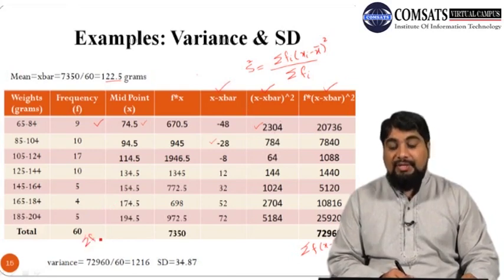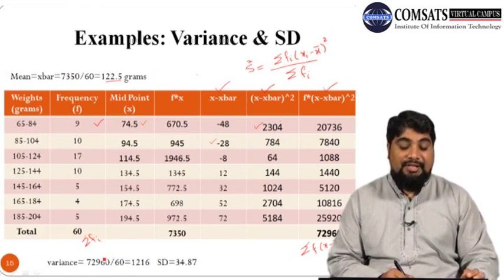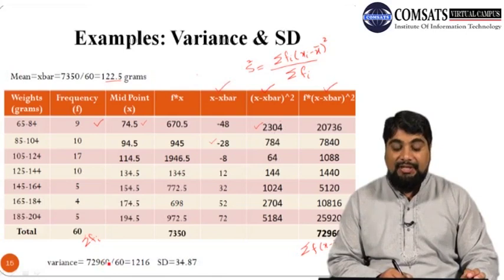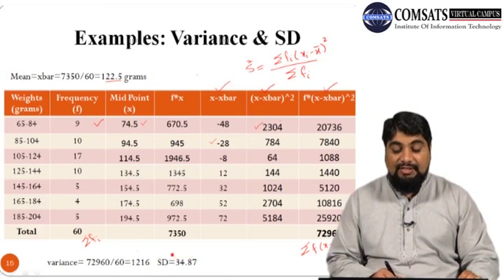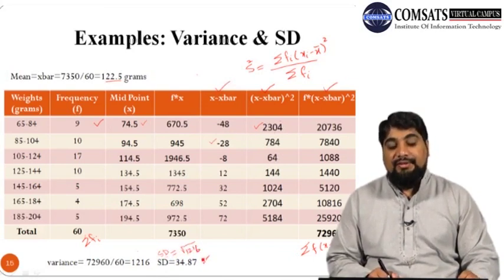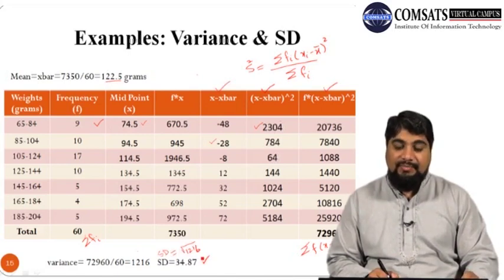So once we have these two numbers in hand, we can use this formula to calculate variance, which is 72960 divided by 60. So it is 1216. And in order to calculate standard deviation, just take the square root of 1216, which is 34.87. So this is how we can calculate variance and standard deviation for the grouped data.